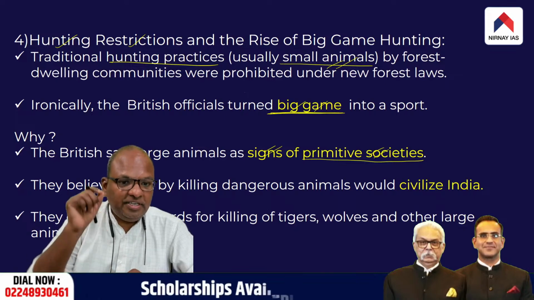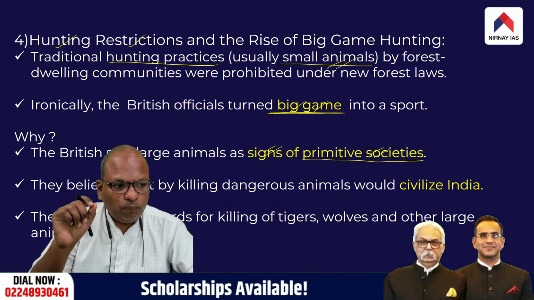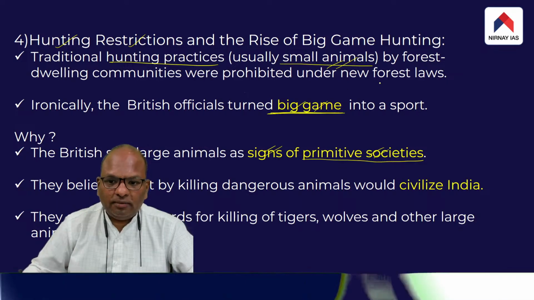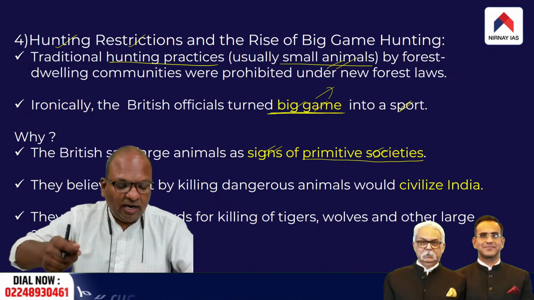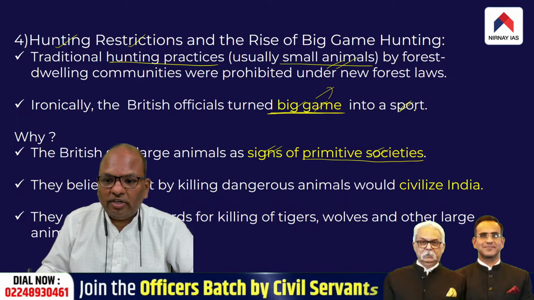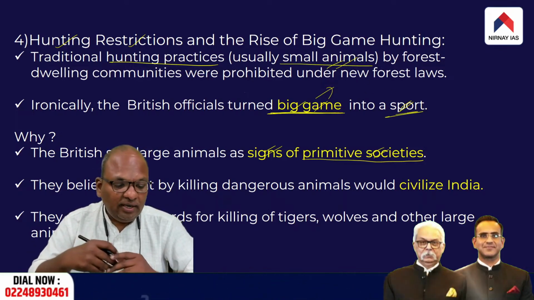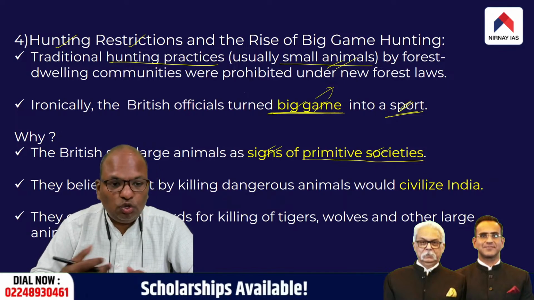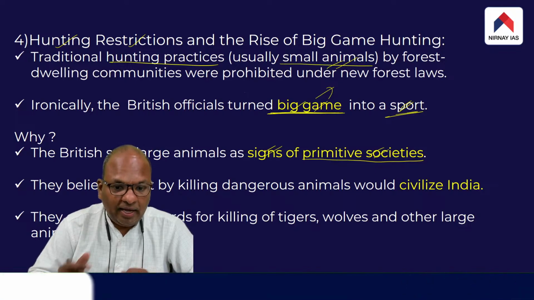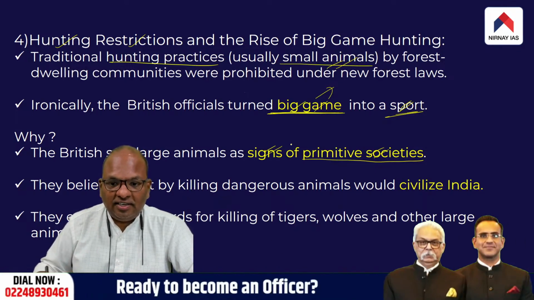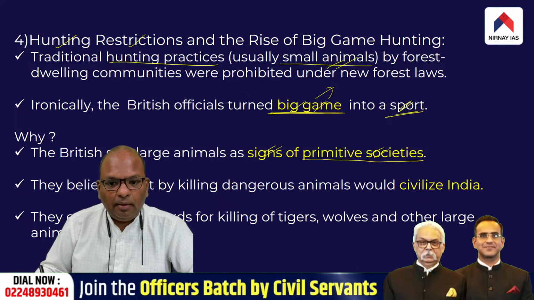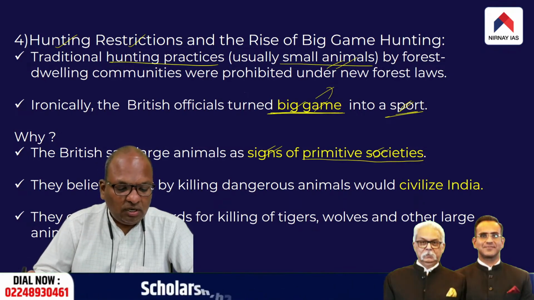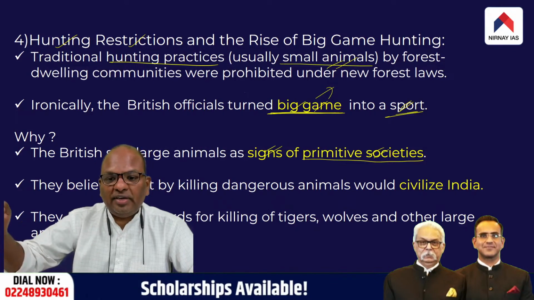So, basically, the British turned big game, the hunting of wild animals, into a sport. In fact, they began giving rewards to those people who hunted these wild animals. What was the impact? As a result of this British policy, many wild animals were pushed to the verge of extinction.